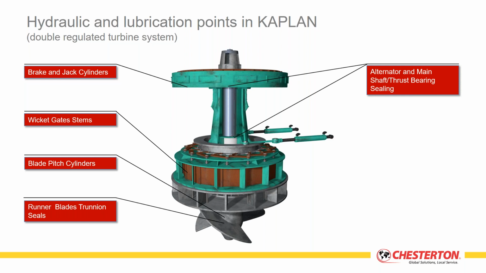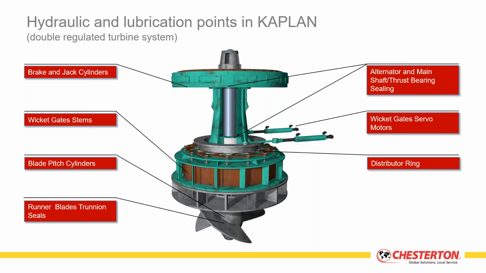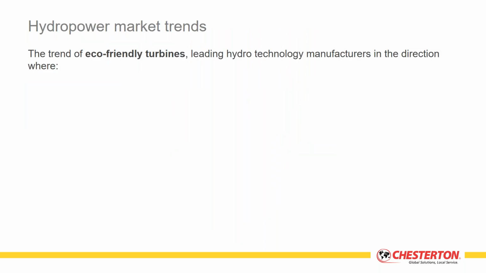Then we are talking about the generator and the turbine main shaft bearing application, servo motors for the wicket gates, the distributor ring, and the control linkage to the wicket gates. So all of them are somehow related to fluid power systems or lubricated bearing applications.